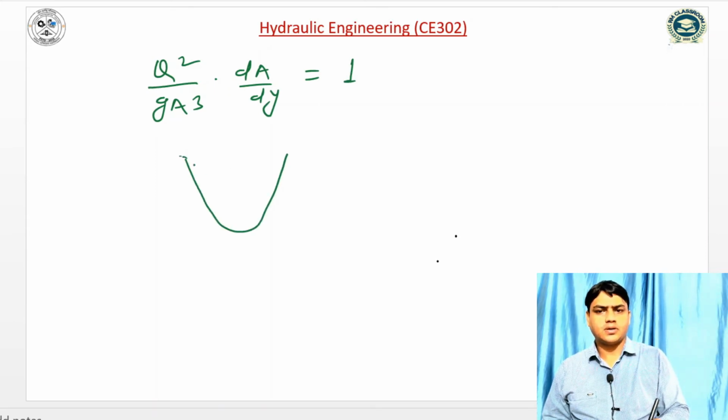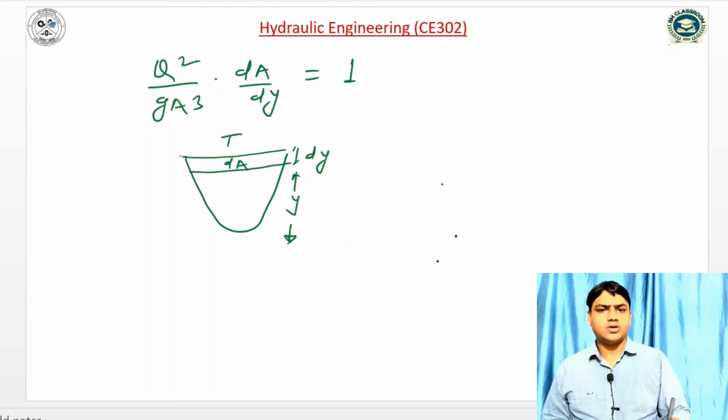This is our channel, and this is the normal depth of flow of the channel, and this is dy. This is the top width and elemental area dA. So we can write dA is equal to how much? T into dy, or we can write dA by dy is equal to T.